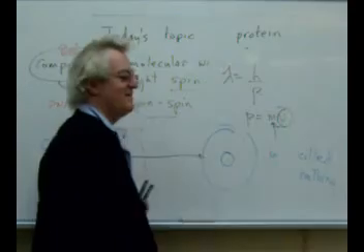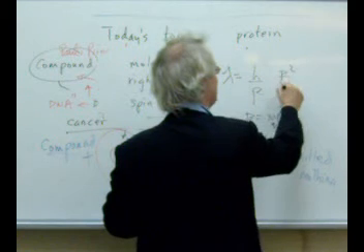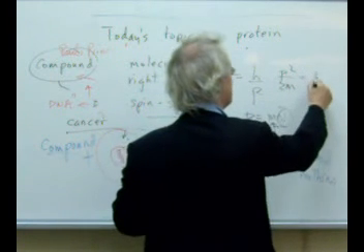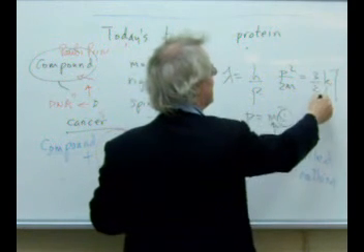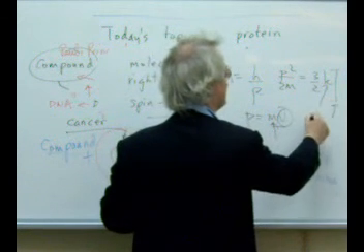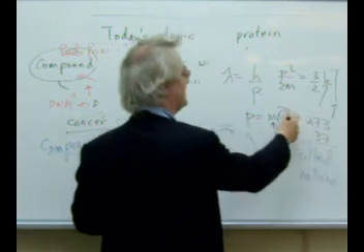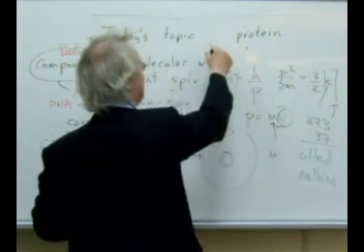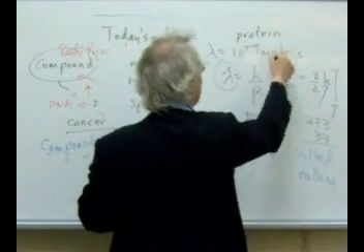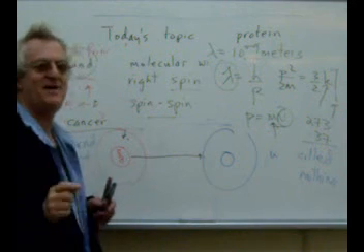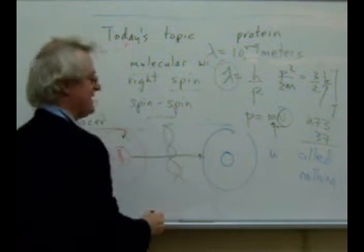You can calculate that from body temperature. p squared over 2m is the kinetic energy, which is equal to 3/2 kT. k is the Boltzmann constant. T is the absolute temperature, body temperature plus 37. You do the calculation, lambda comes out to be 10 to the minus 9 meters. And 10 to the minus 9 meters is exactly the order of a DNA molecule.